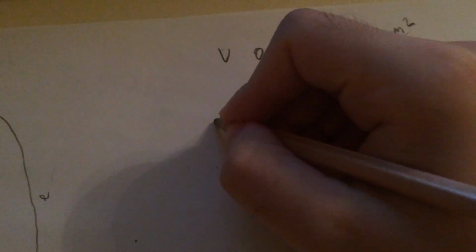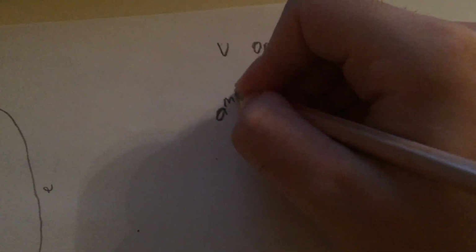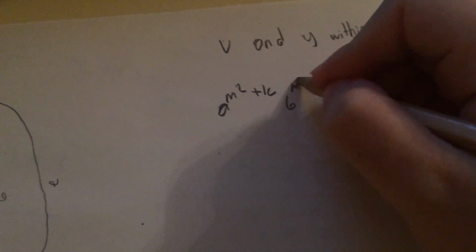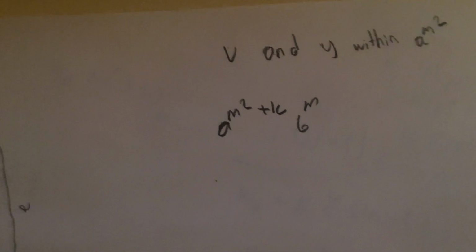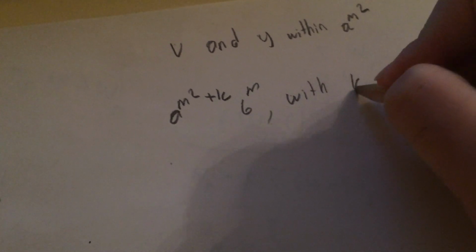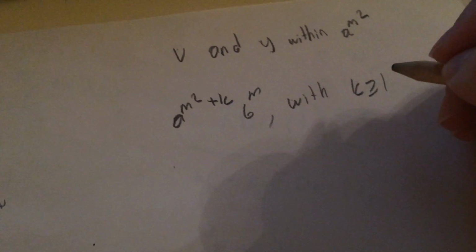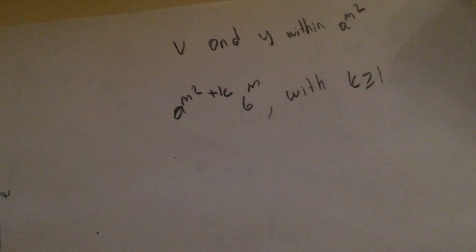If you pump up v and y repeatedly, we obtain a string of the form a^(m²+k) b^m, with k greater than or equal to 1. That cannot be in our language.